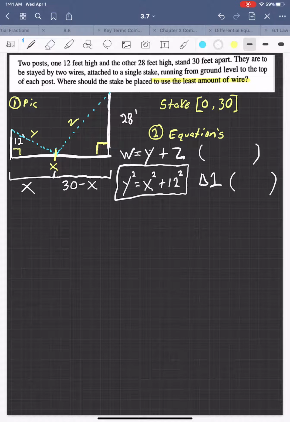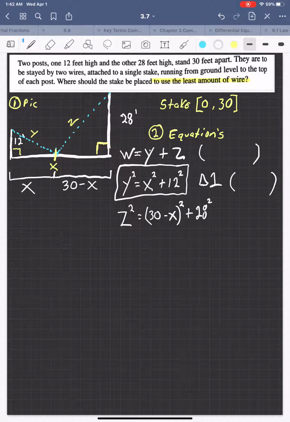Okay, but that's not the only triangle that we have in this diagram, right? We actually have two triangles. So let's go ahead and set up the second triangle. In this case, we would have z squared is going to be equal to, well, the base is 30 minus x, so that would be 30 minus x, squared, plus the height, which is 28 squared.